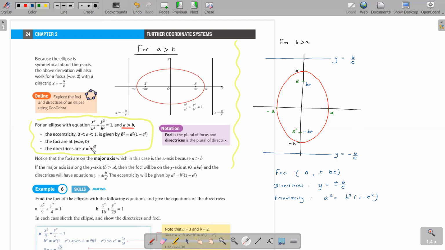Make a note of that in your formula book, so that you know these equations are given only for a greater than b. If b is greater than a, you need to switch all of those. So make a small note of it so that you can use it respectively in each case.